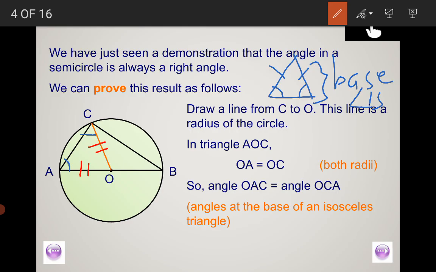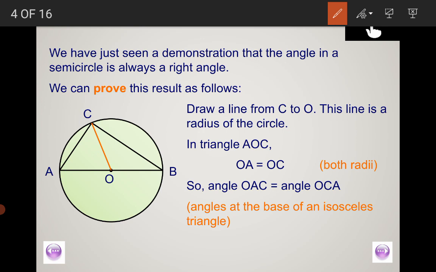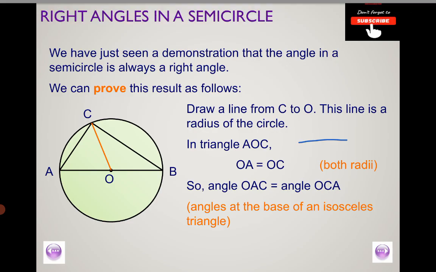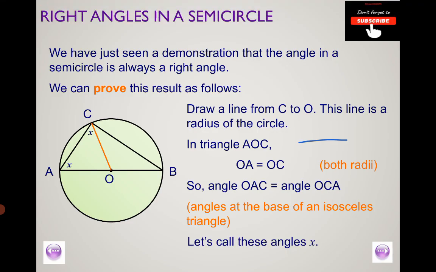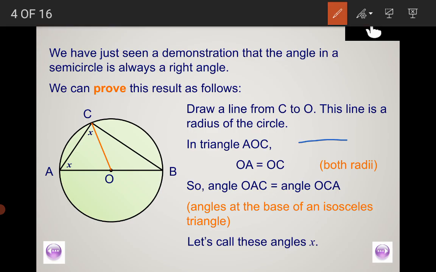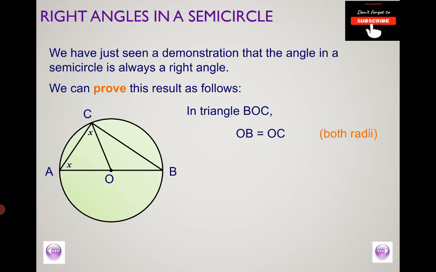So these two angles are the same. They are equal. Okay, so going forward in proving, suppose we let this angle be x, this angle also x.